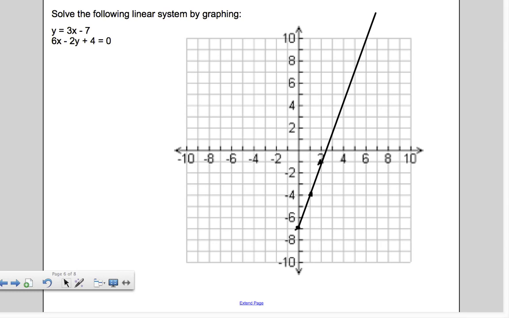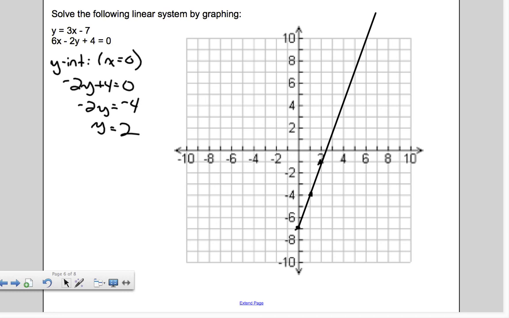Okay. So the second one I can do my intercept trick again. So y-intercept, x equals 0. I get -2y plus 4 is equal to 0. -2y is equal to -4. So y is equal to 2. And then for the x-intercept, that means y is equal to 0.